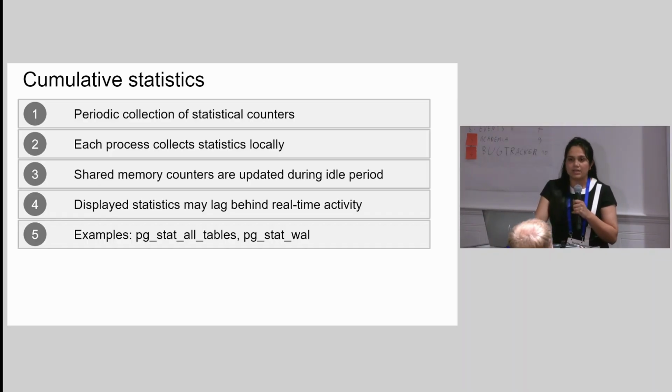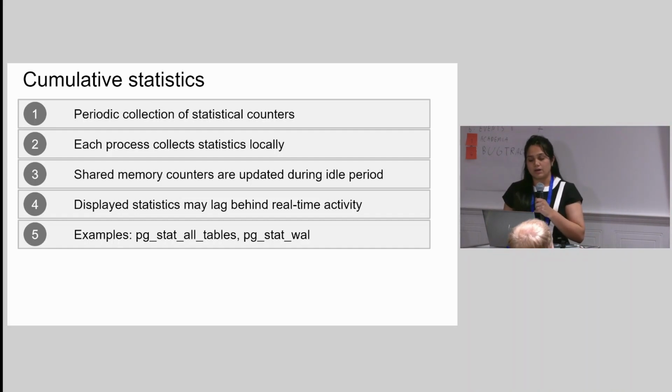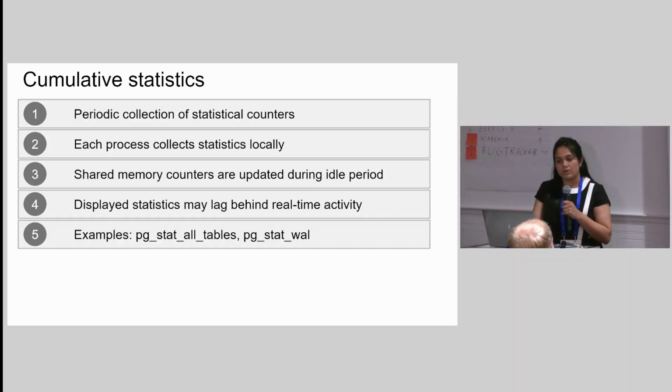These statistics are mainly stored in the shared memory, and some of these views read this shared memory to get more details about these statistics and display it to the user. These statistics are flushed to disk by a checkpointer just before a server is shutting down, so that when a server starts up again, these statistics are available and you don't have to start from scratch, unless a server has crashed before, in which case these statistics won't be available.